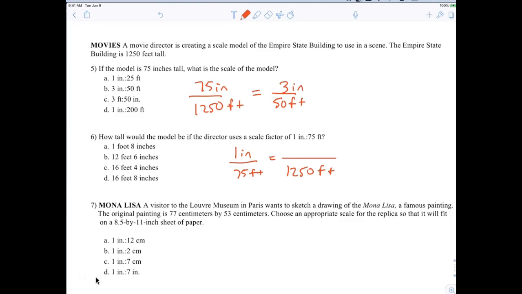What would it be? Go ahead, tell me. 16. So it would be 16 and 2/3 what though? 16 and 2/3 inches, right? Well, 16 inches would be what? 2/3 of 12.